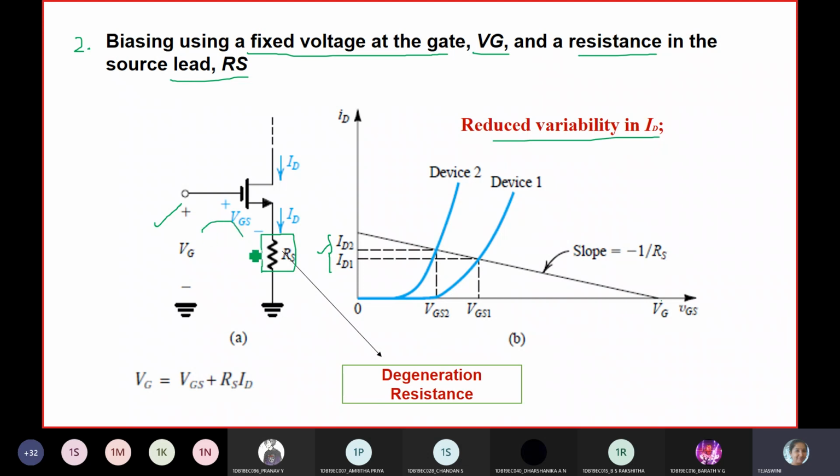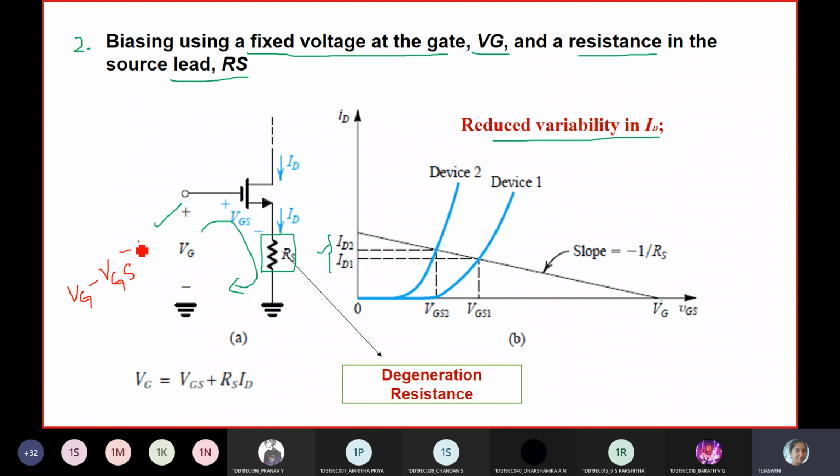Next, apply KVL to the inner loop. What expression do you get? It is plus VG minus VGS minus the voltage across RS.